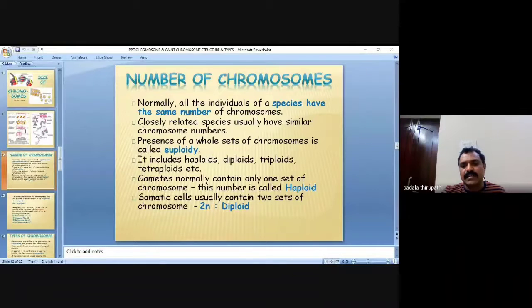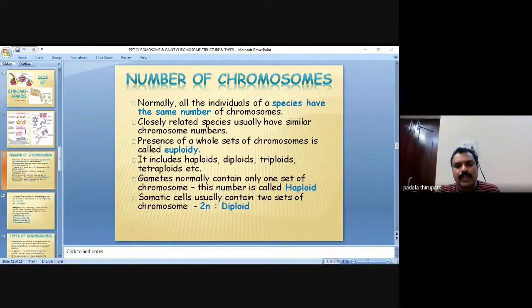And the somatic cells in the vegetative parts of plants, such as roots, stem, leaves, or any other vegetative parts, contain two sets of chromosomes. This we call the diploid condition. Diploid means two sets of chromosomes, observed in the somatic cells of animals and the vegetative cells of plants.